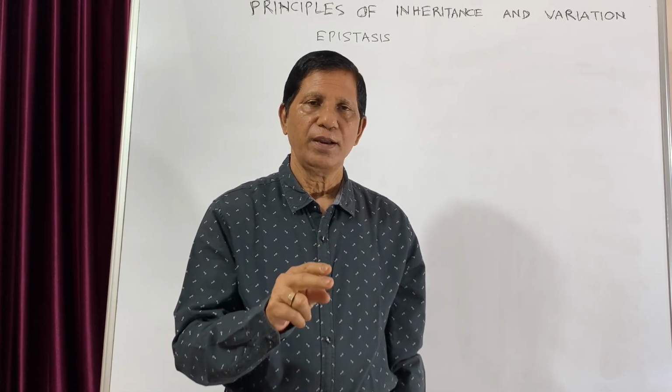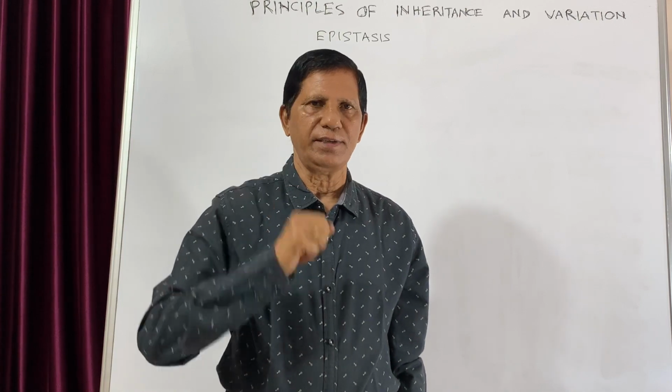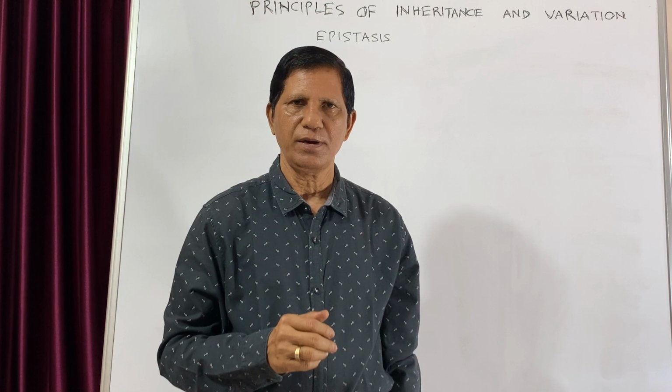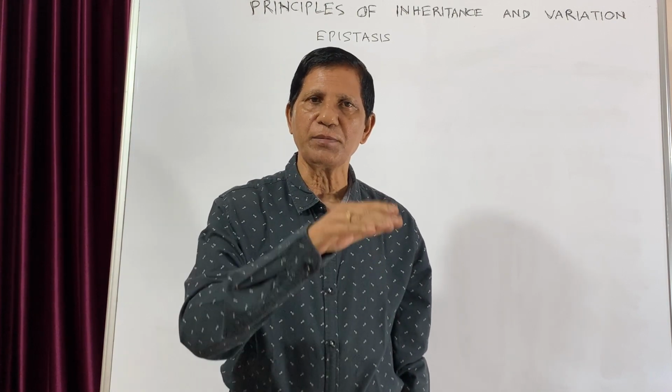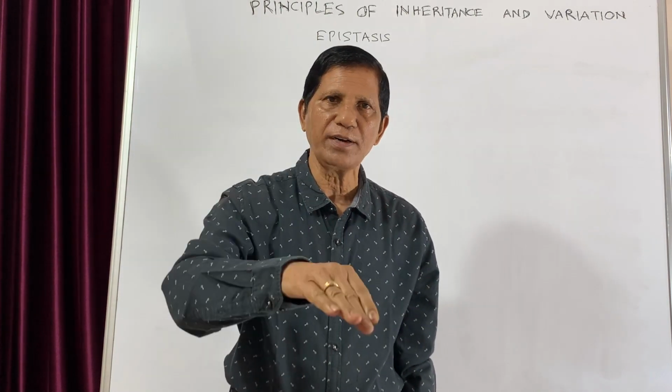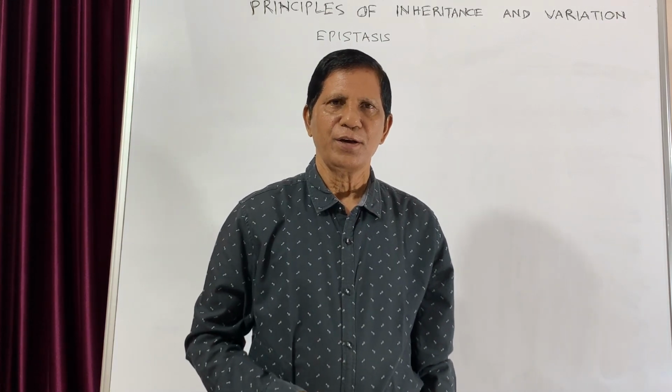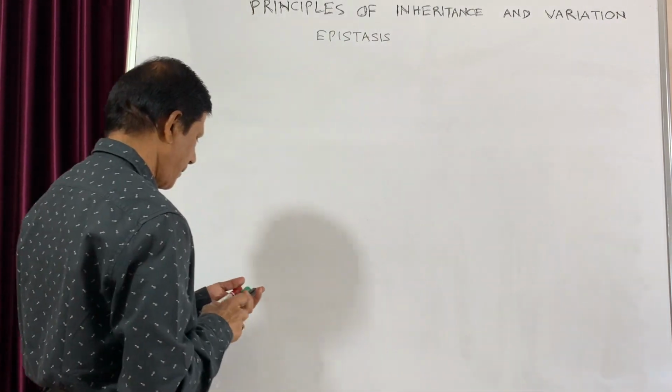But when there are two dominant genes, either in the same chromosome or in different chromosomes, and one dominant gene suppresses the expression of the other dominant gene, that is known as epistasis. Let us explain it.